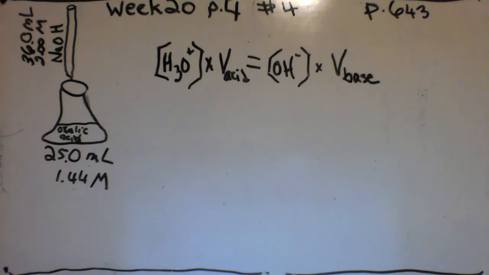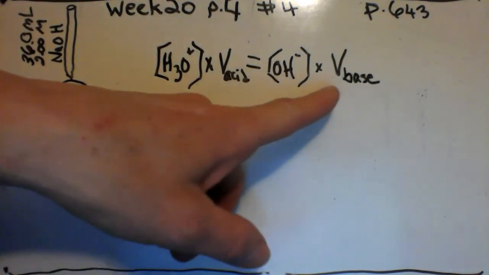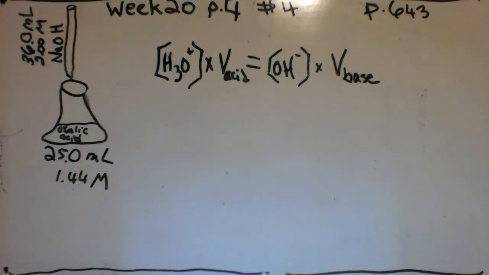But if this number is smaller than this number, it could mean either that the acid wasn't completely neutralized, or that this particular acid is not monoprotic, but it might be diprotic or triprotic.